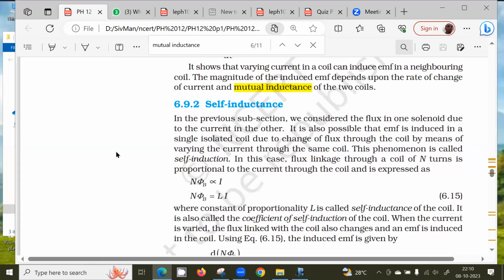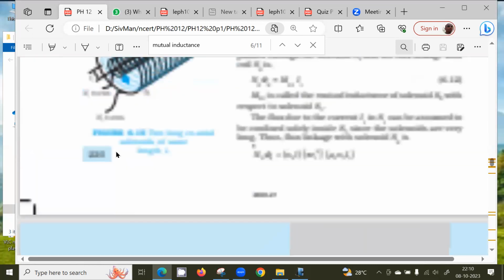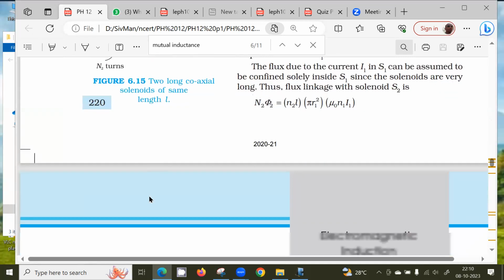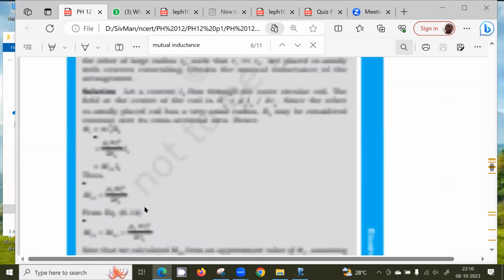Understood, no? In mutual inductance, there are two coils. So I am passing current in one coil, which produces flux that is linked in the second coil. The current in the first coil is producing flux linked in the second coil. But that flux will also link the first coil itself.